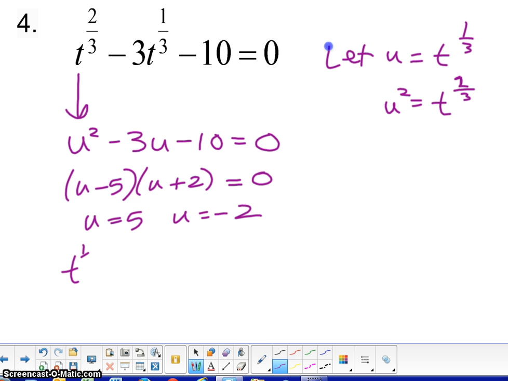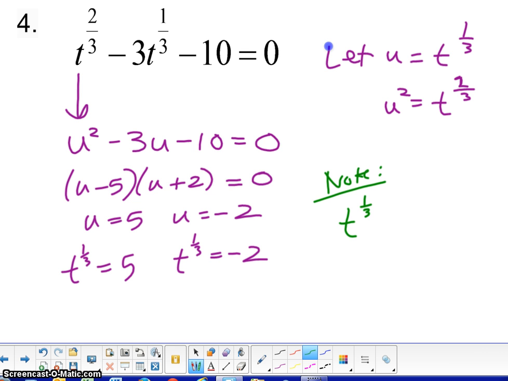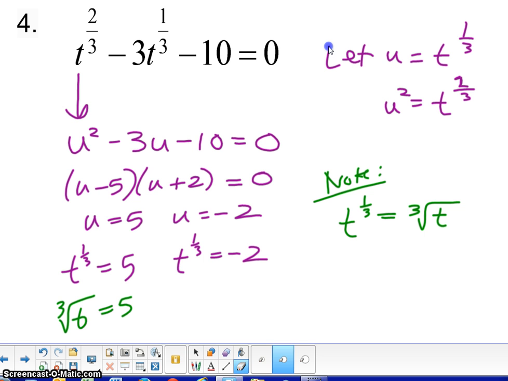Bring back the 1/3, t to the 1/3 I mean, and then we're going to cube both sides. So little side note here. If you have t to the 1/3, another way to write that is cube root of t, right? So if it's cube root of t that you have on this side, what does that mean you can do to both sides?